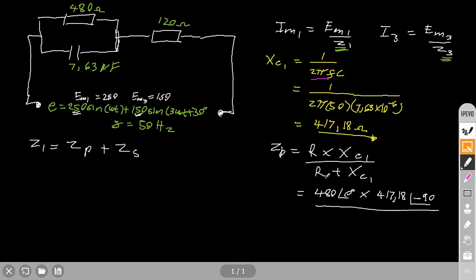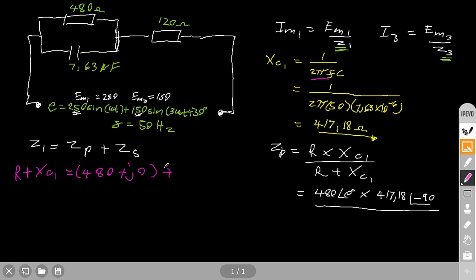and then here you have R plus XC1, and as you can see, guys, it's an addition. So in addition or subtraction, you must use your rectangular form. So R plus XC1: my rectangular form for R is 480 plus j0, right?